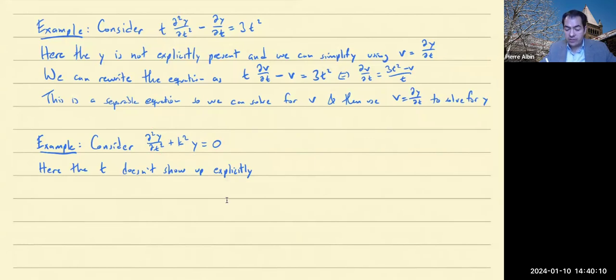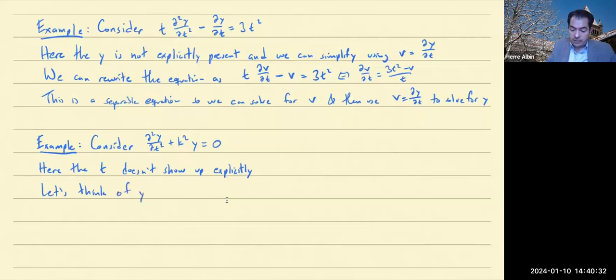So what you want to do in this case is think of y as being the independent variable and then make the same change of variables as we did in the previous example. So y will be the new t.